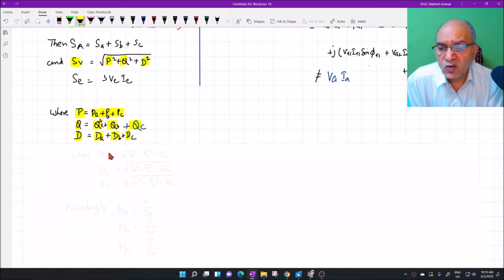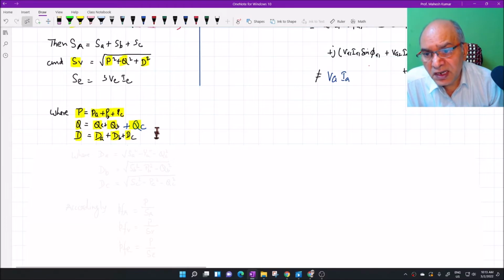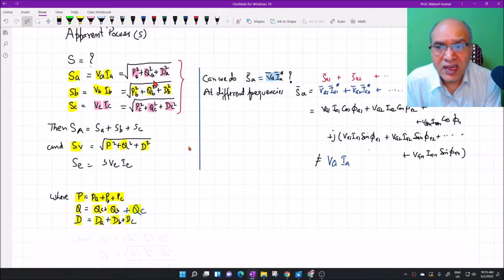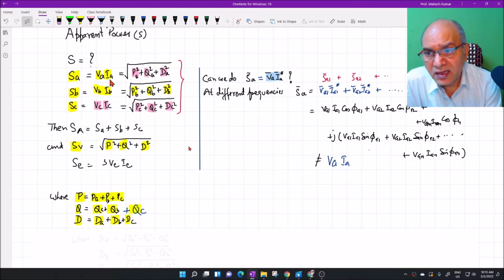You may ask, what is DA, what is DB, what is DC? The DA, DB, and DC can be found from these expressions, because I know PA and QA. PA, QA you can find out from the phase A. From phase A, we know what is VAIA, and we know what is PA, we know what is QA, then we can find out DA.